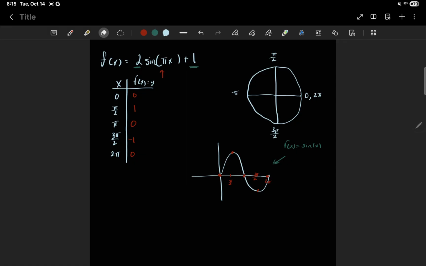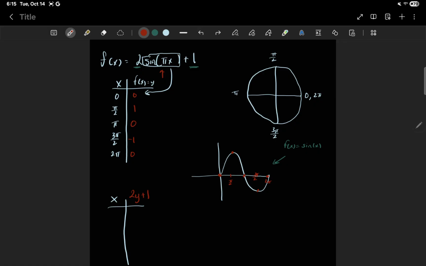to graph our transformed function, we're going to make another table, and we're going to have x and y. All we need to do for the y's is replace the y's that you started with in the original parent function. So you're going to calculate your new y's by using 2 times your old y's plus 1.